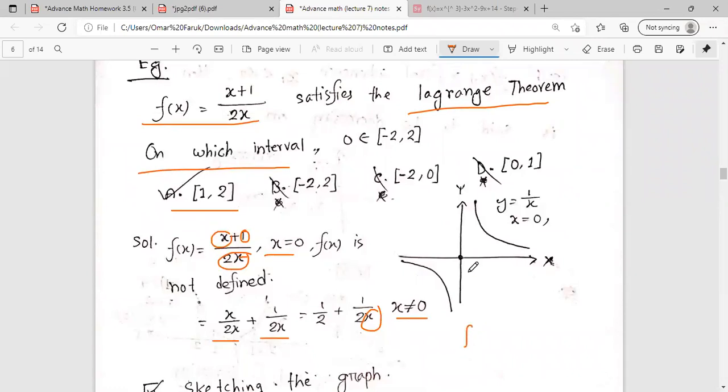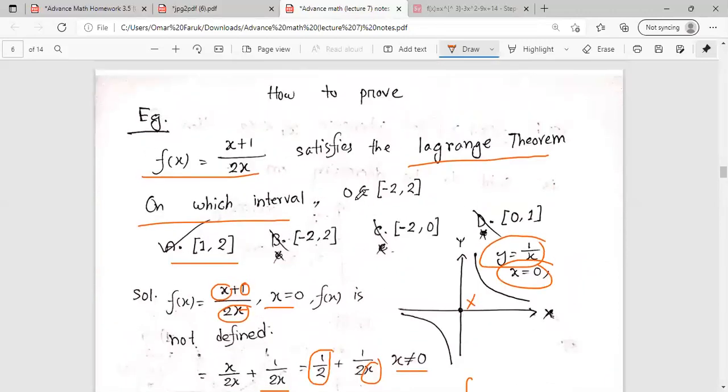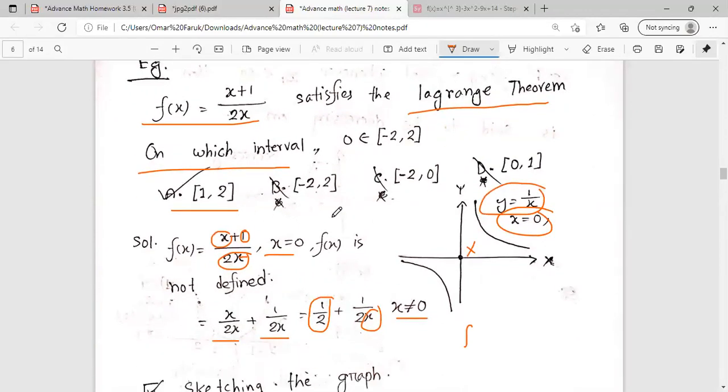Firstly, is this function continuous? No, this is not continuous. Y equal to 1 by x is not continuous at x equal to 0. And so we get 1 by 2. On which interval? 1 by 2, x equal to 1.